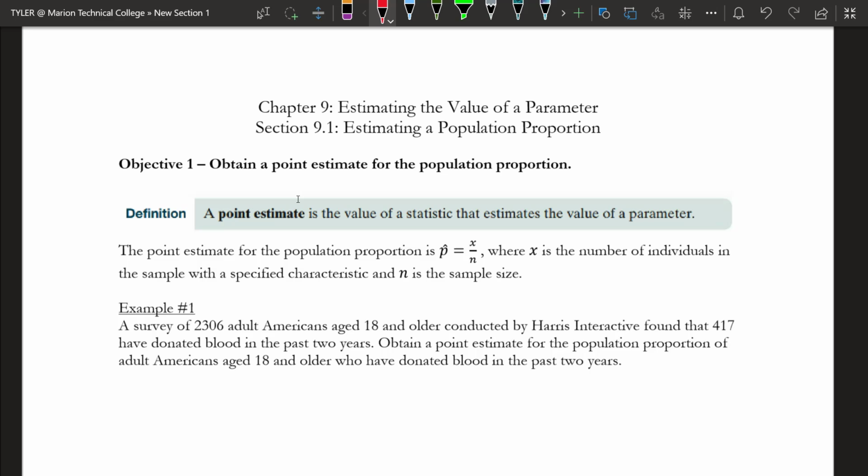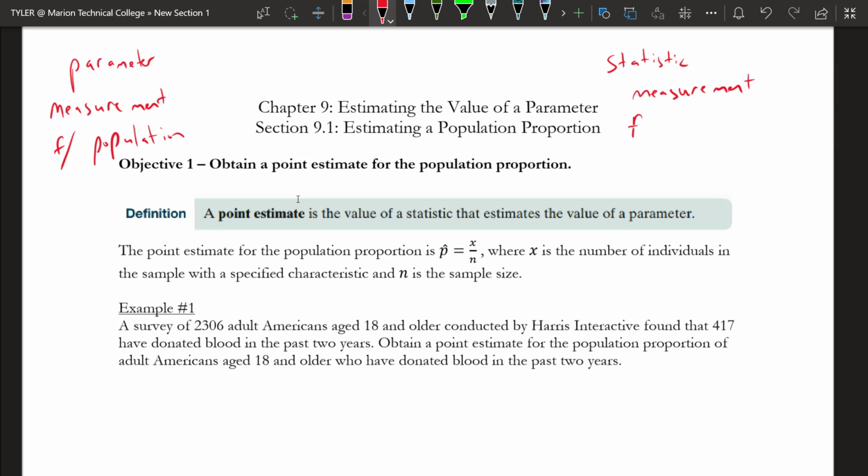So remember what a parameter is. A parameter is a measurement from the population, where a statistic is a measurement from a sample.